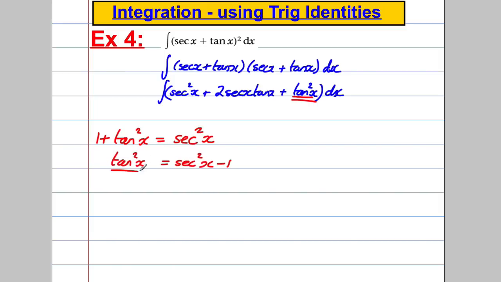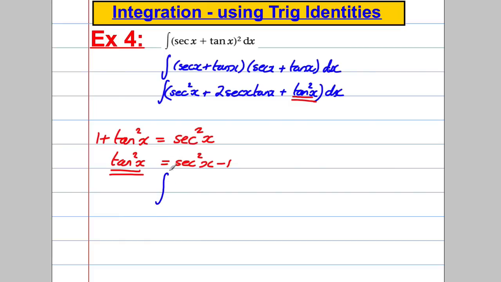So I could replace this with this instead. Now, do I know how to integrate sec x tan x? Yes, it's a standard integral. I know sec differentiates to sec x tan x, so sec x tan x must integrate to sec. And I also know how to integrate sec squared. It's got a tan in it. So I'm going to replace this.